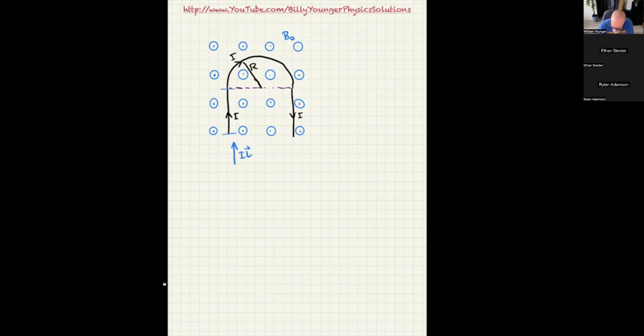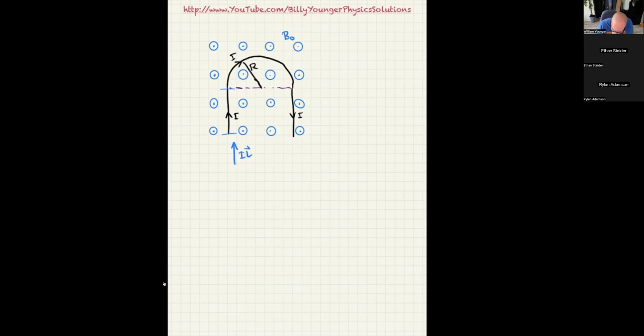And then B points out of the board. So IL pointing up the page and B pointing out of the board means that my index finger points out of the page and the force is to the right.